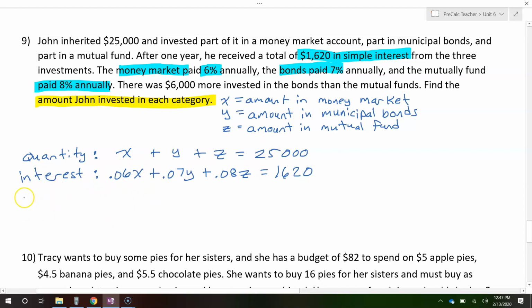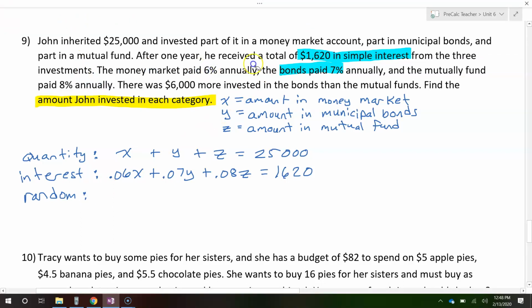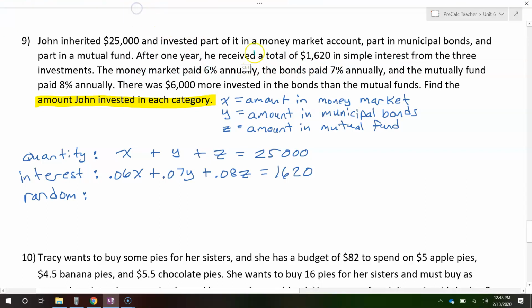So we have a quantity equation and an interest equation. The other one is just going to be one of those random equations that they just throw in for no reason. That's right here: 6,000 more invested in bonds than mutual funds.